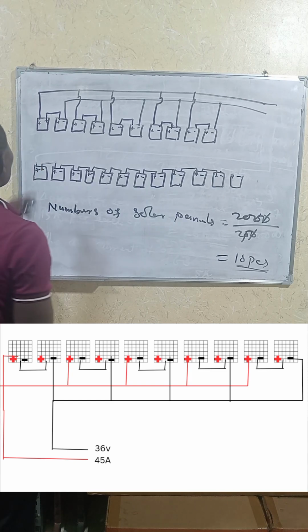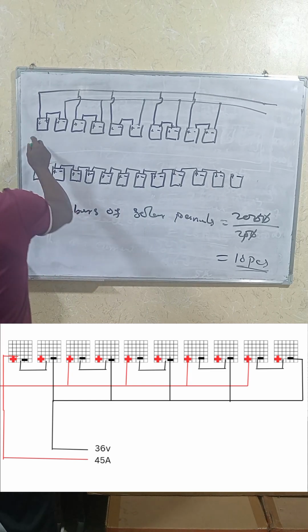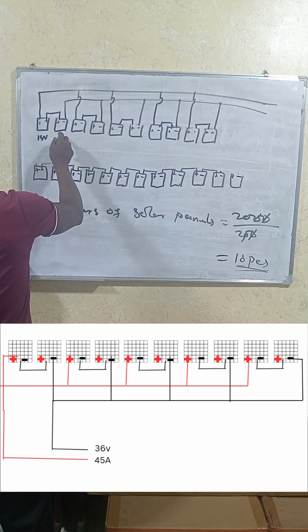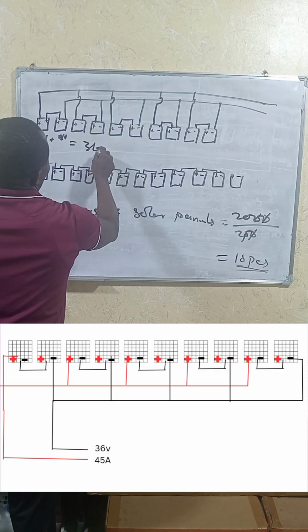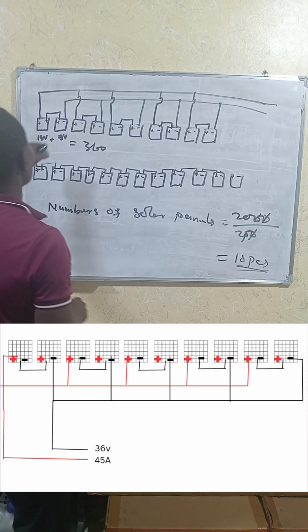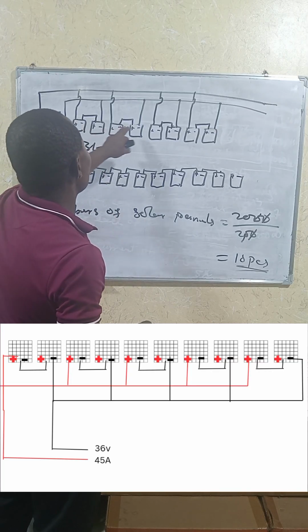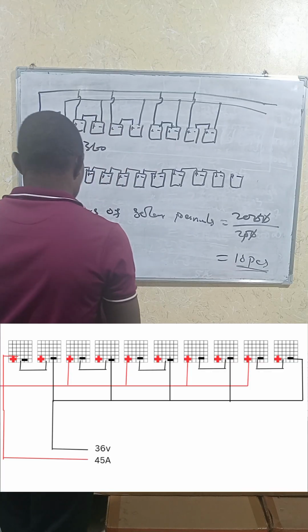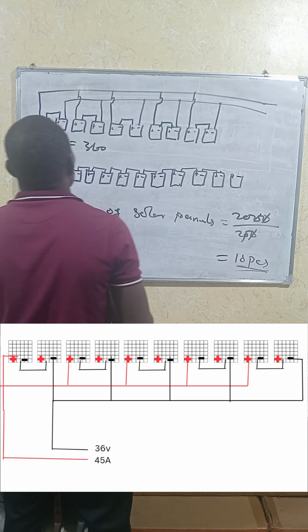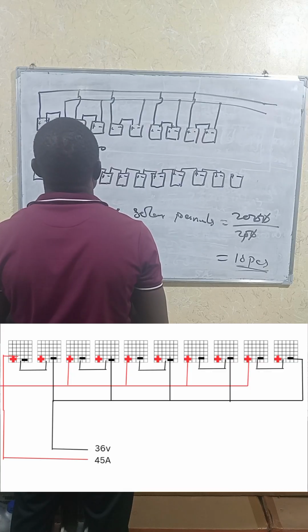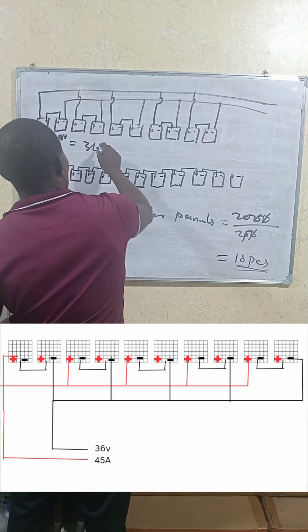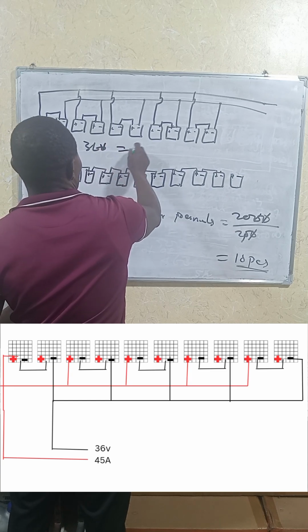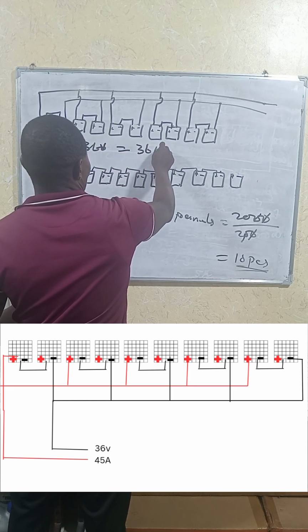So between these panels, this one has 18 volts, this one is 18 volts. So 18 volts plus 18 volts gives you 36 volts. Each of these circuits now has 36 volts. And 36 volts connected in parallel remains 36 volts.